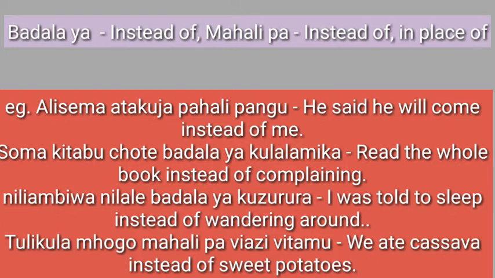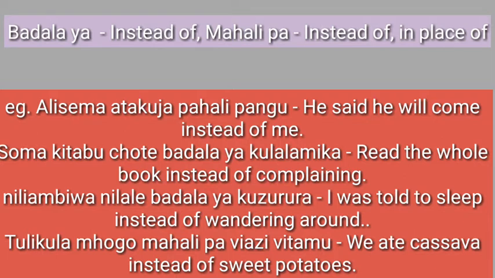Kuzurura, you can find it sometimes written kuzurura zurura or kuzurura. It's the same thing. Tulikula mhogo mahali pa viazi tamu. We ate cassava instead of sweet potatoes. Or we ate cassava in place of sweet potatoes. So the cassava replaced the sweet potatoes.